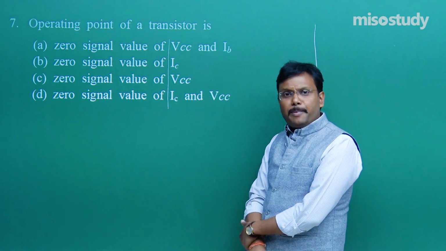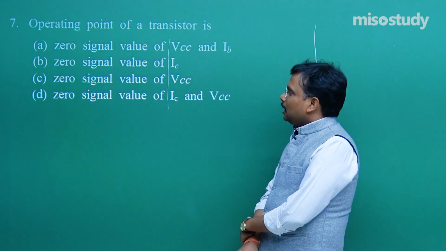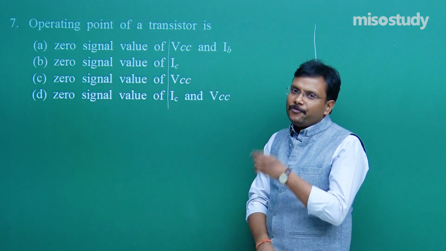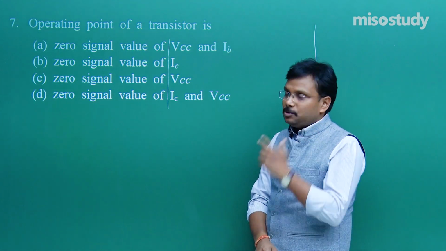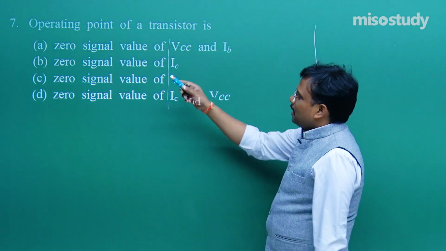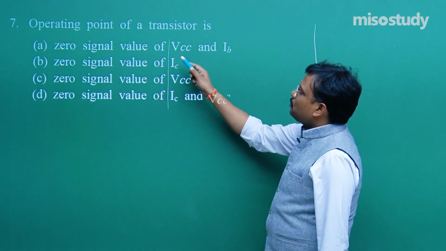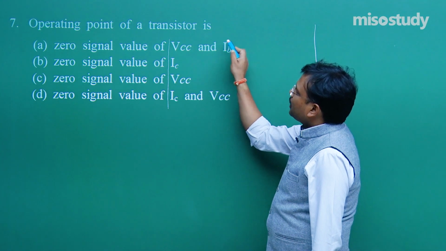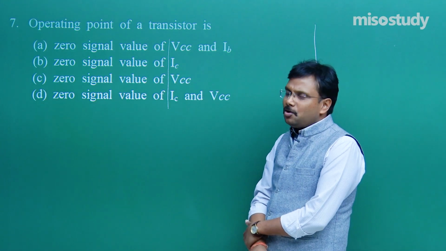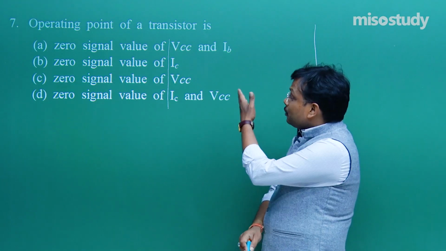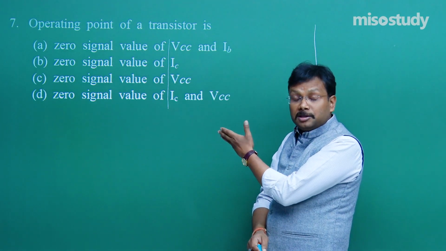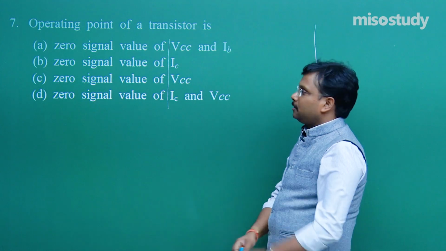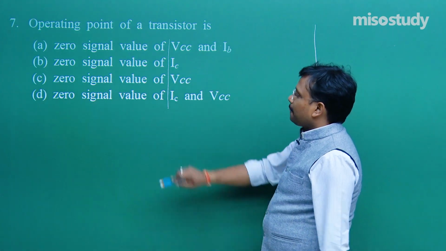IB, base current. The value of base current is very minute. So a zero signal value of IB, and that too by contribution of base current, is not possible. It is of the order of 10 to the power minus 3, lesser than the value of emitter or collector current. Okay.